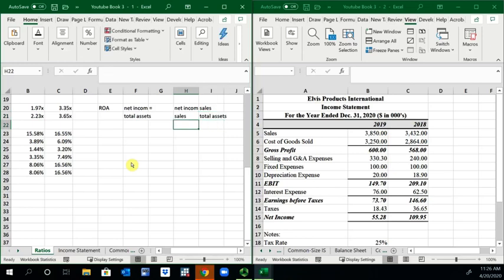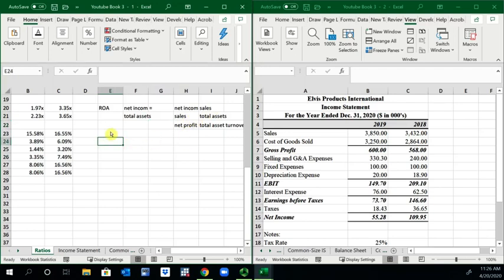These should look familiar to you, because this is net profit margin, and sales over total assets is total asset turnover. If I multiply those two ratios together, that will get me return on assets, because these cancel out in the denominators.